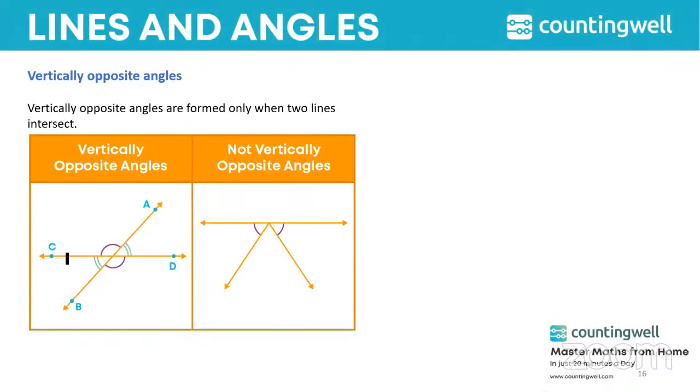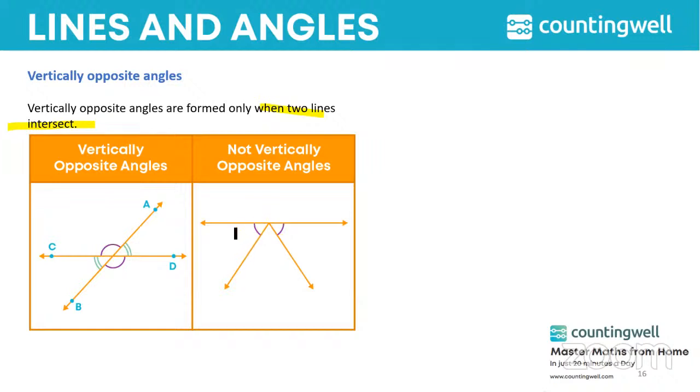Let us see what are vertically opposite angles and when they are formed. Note that they are formed only when two lines intersect. So we need two lines intersecting for the formation of vertically opposite angles.